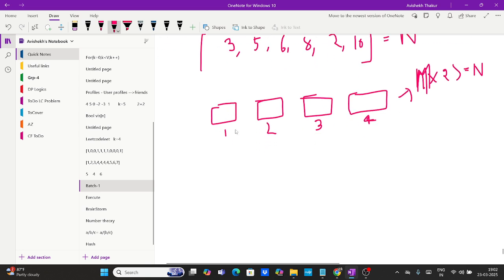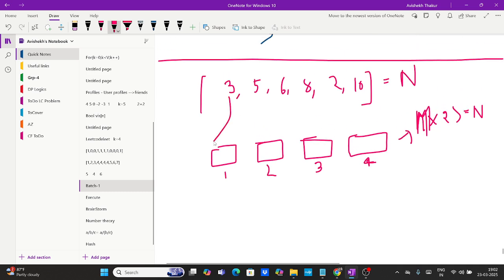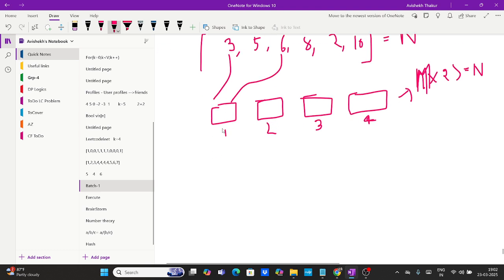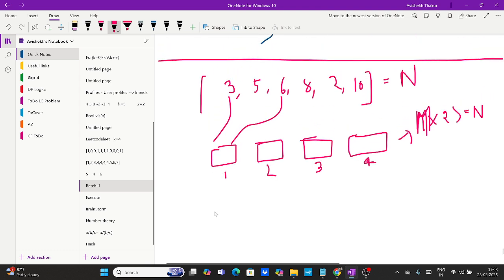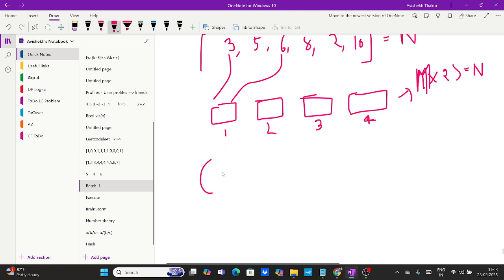Let's say if you keep number 3 and number 6 in this slot, then the value you will get is 1 AND 3, maybe XOR 6, 1 AND 6.